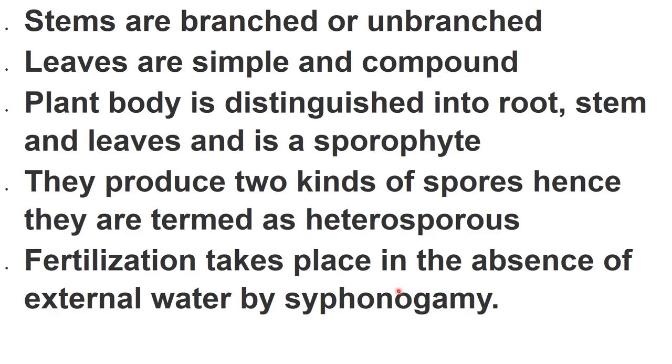So that process is called siphonogamy. So we can say that fertilization takes place in the absence of external water. External water is what is required for the fertilization of bryophytes and pteridophytes as a carrying agency for the gametes, right? But here there is no need for such an external agency for carrying the gametes, because siphonogamy is occurring here.